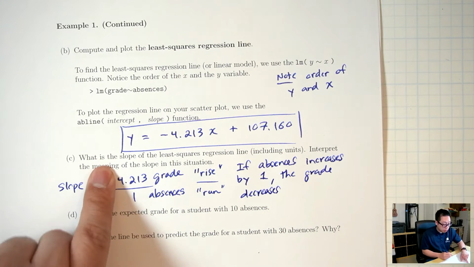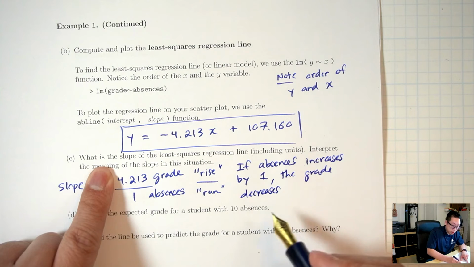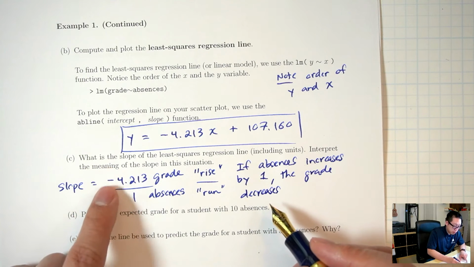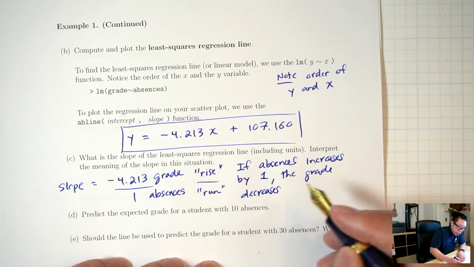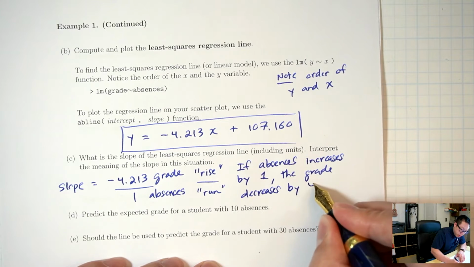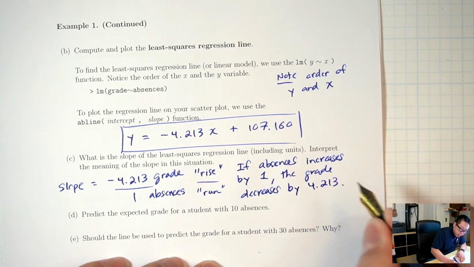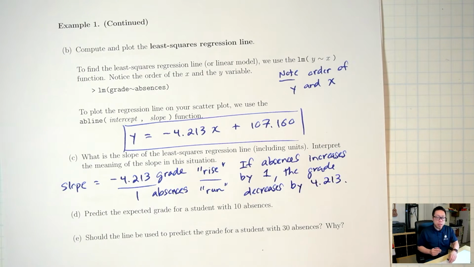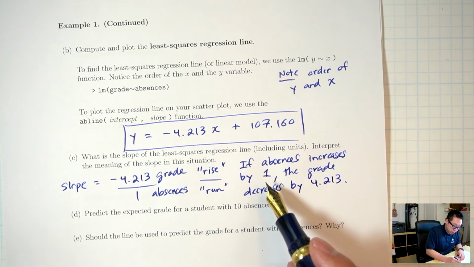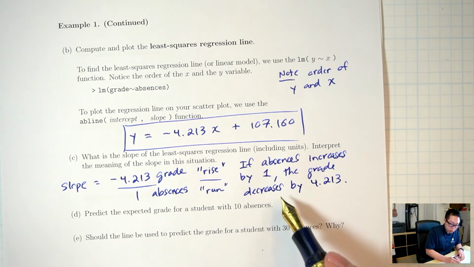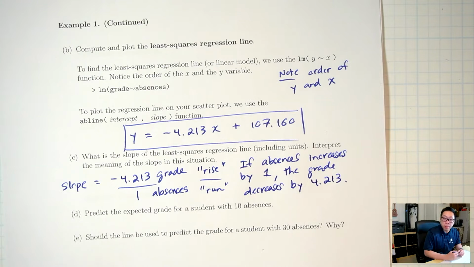If that negative wasn't there, and that was a positive 4.213, you would say increases. But because it's negative, it's going to be decreases by 4.213. So what the slope is telling us is that if the absences go up by 1, the grade goes down, or decreases, by 4.213.